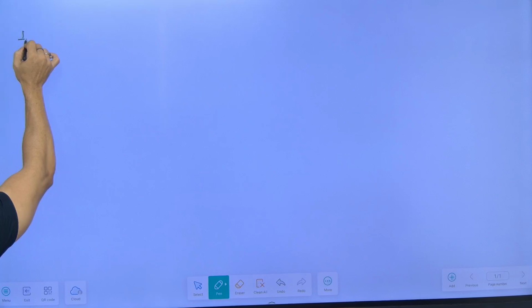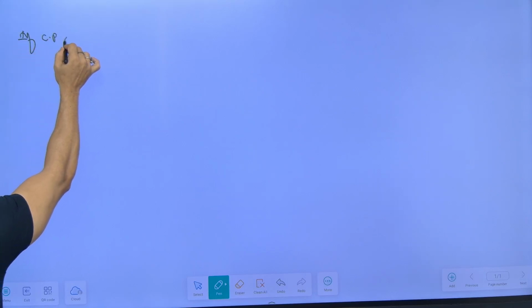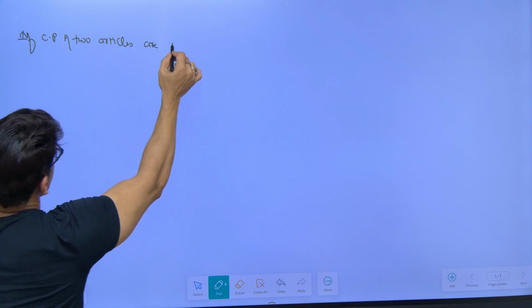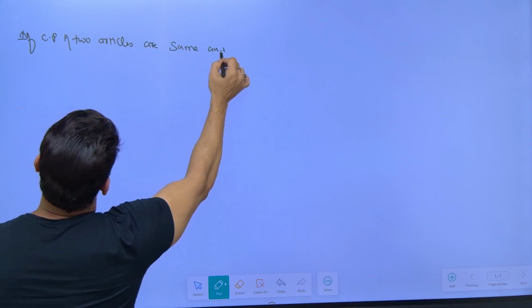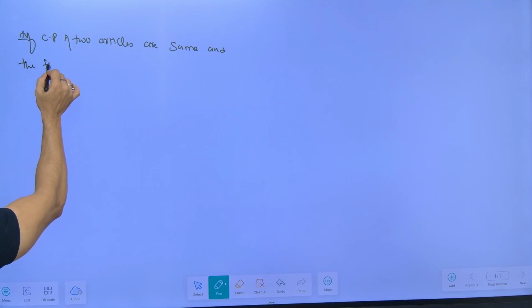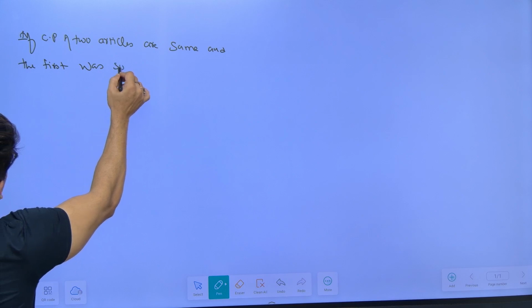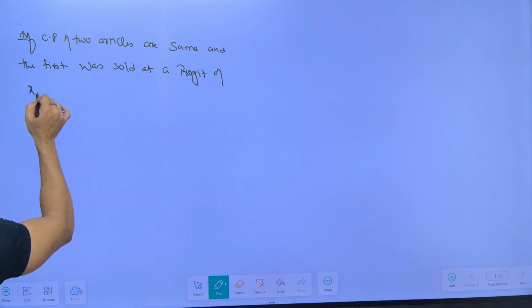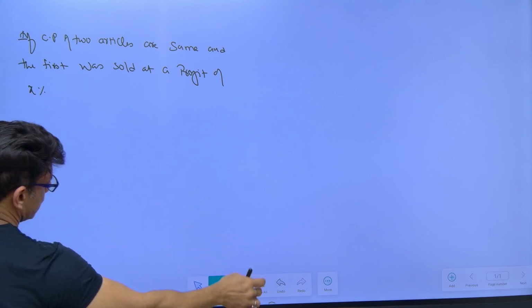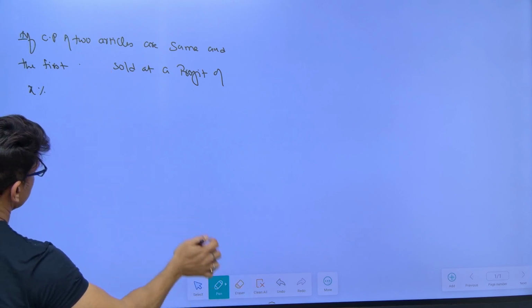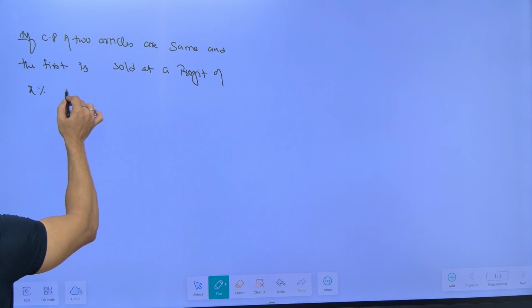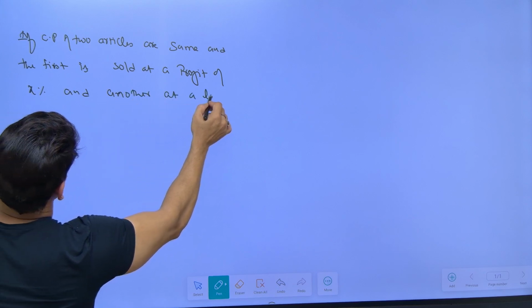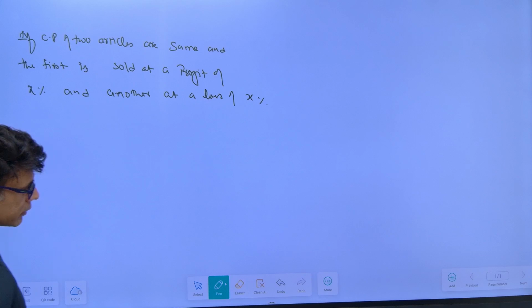First is, if cost price of two articles are same, and the first was sold at a profit of X%, and another at a loss of X%.